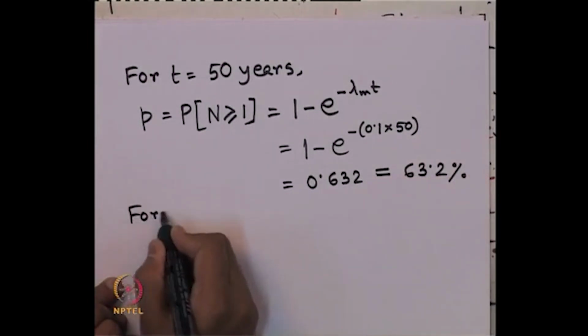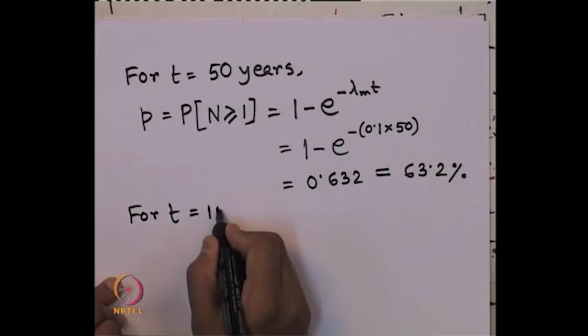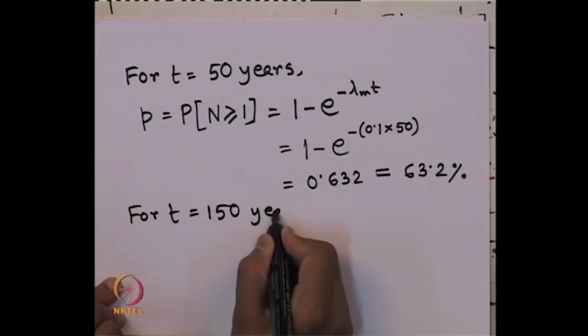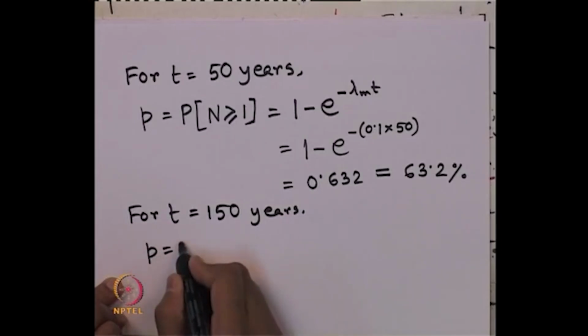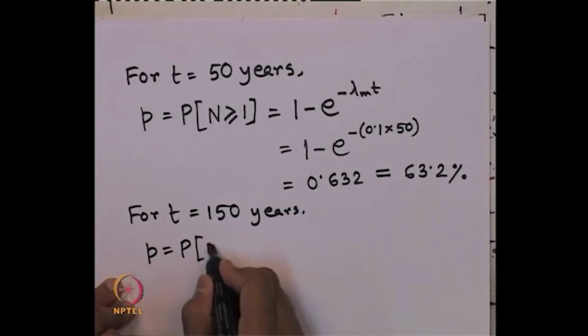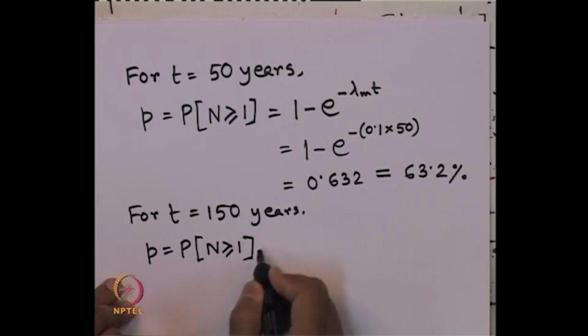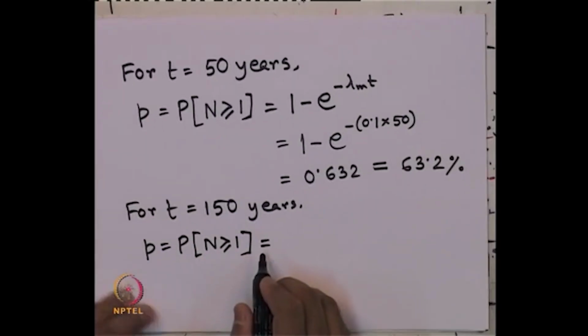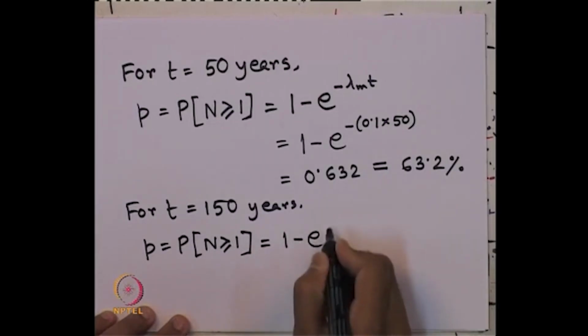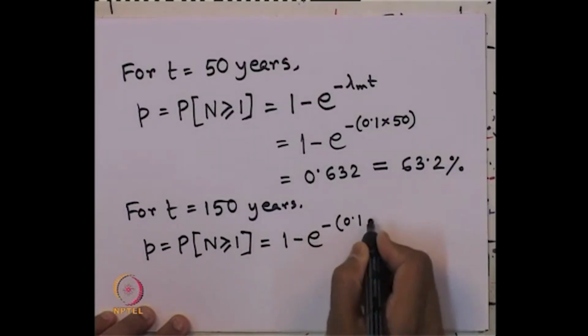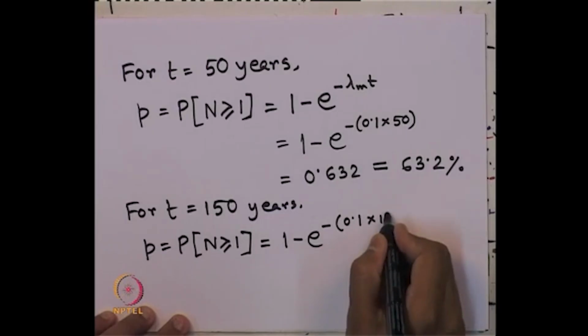whereas for t equals 150 years, the probability of number of events greater than or equal to 1 will give us 1 minus e to the power minus 0.1 into 150.